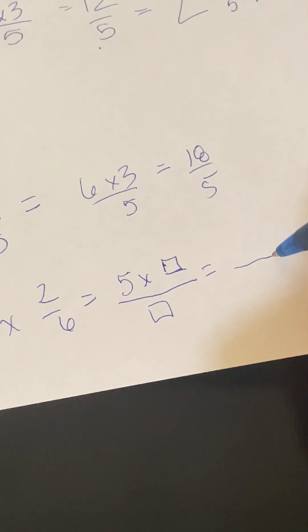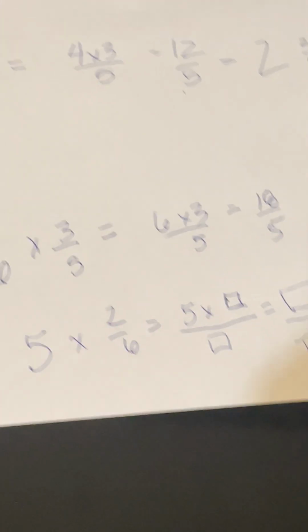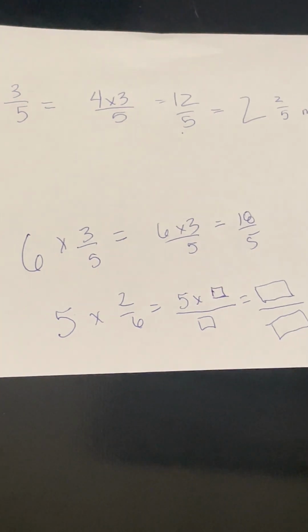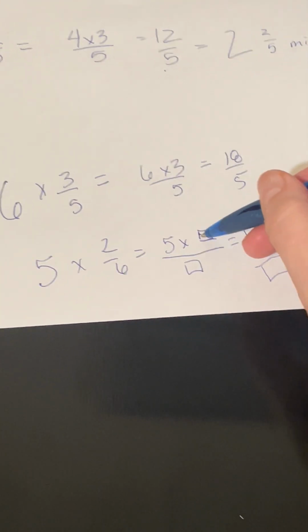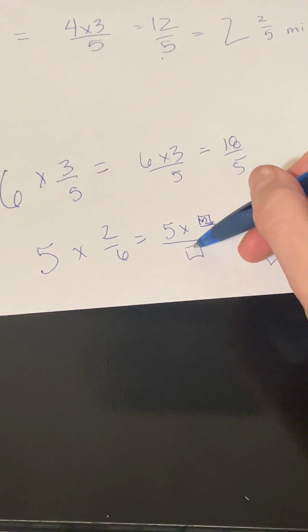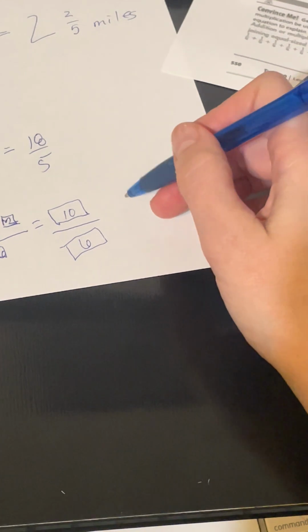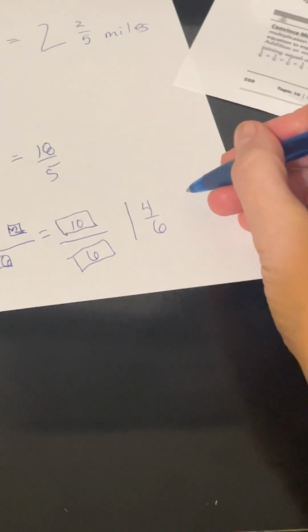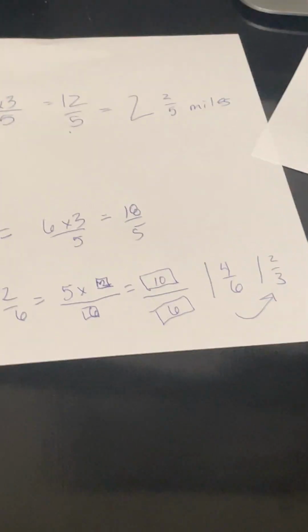And what is your answer? Okay, try that one. 5 times 2/6. Pause the video, I'm sure, for 2 seconds because you're so smart. So 5 times 2/6 equals 10/6, which equals 1 and 4/6, which could also be written as 1 and 2/3. But we'll talk more about that later.